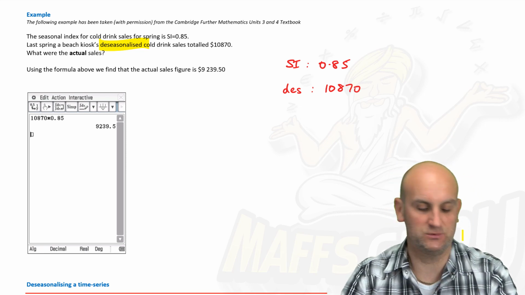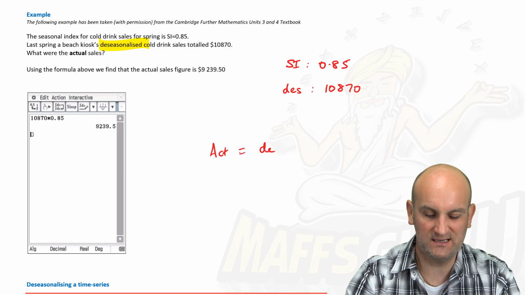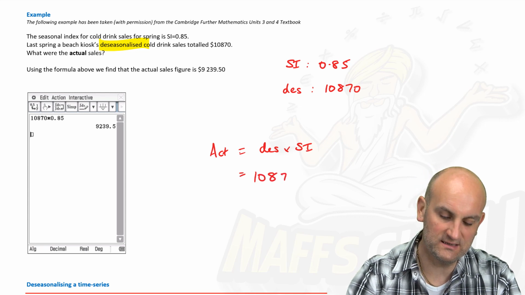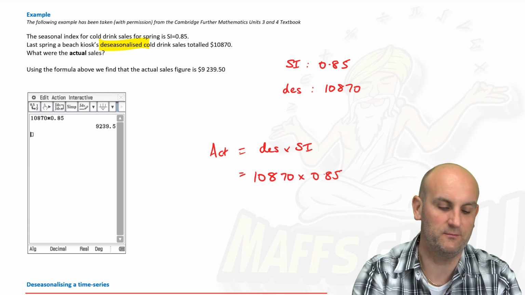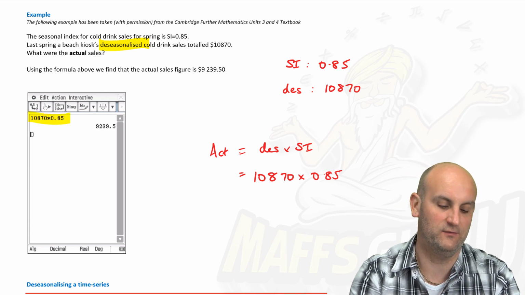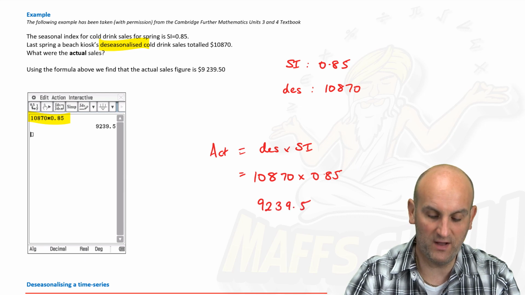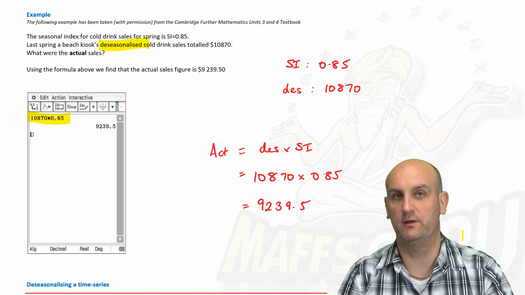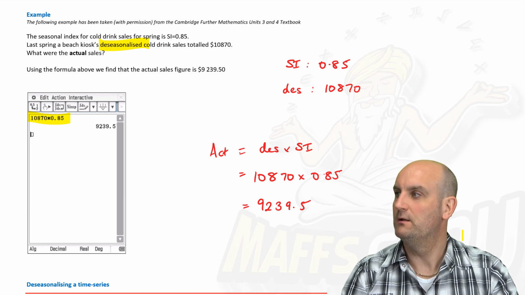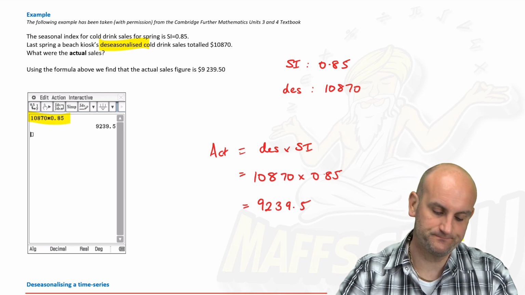Well, I've seen the word actual, and we know we can use the formula that actual sales is equal to the deseasonalized multiplied by my seasonal index, which was 10870 multiplied by 0.85. I've done this on my calculator, and it gives me 9239.5. Obviously we would then round that to an appropriate accuracy given by the question. Sorry, I had to think about that one for a moment.